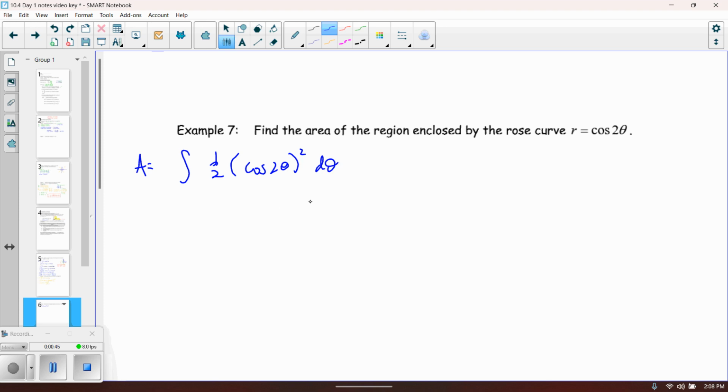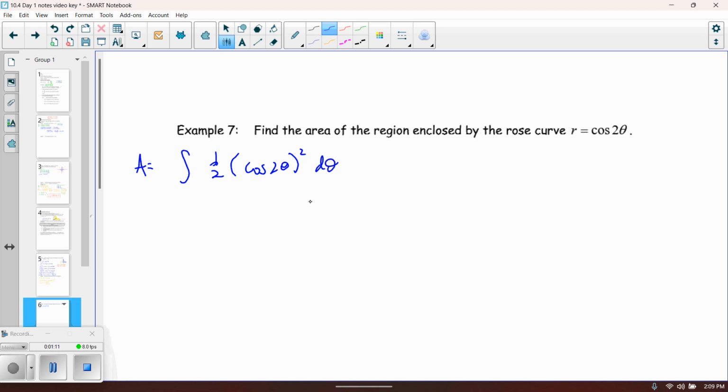Now the part here that we actually have to think about is how we are going to do this one, because you can't just go from 0 to 2 pi on this one. The reason for that is because you've got tangents at the pole, which act like cusps in a way, and you can't really take an integral around or through the cusps.